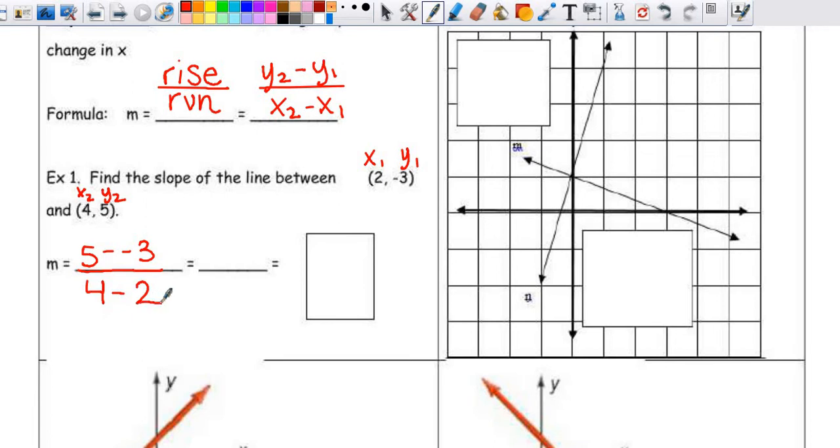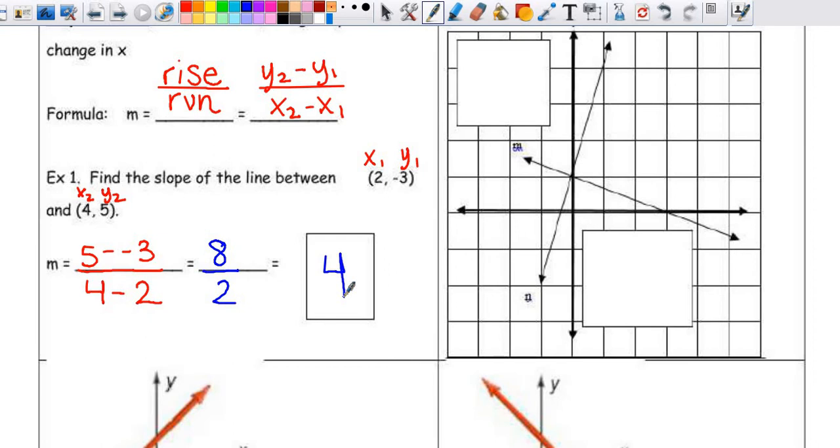All right, now we just do the simple addition or subtraction, because 5 minus a negative 3 is the same as 5 plus 3, which is 8. And 4 minus 2 is 2. And now you simplify just the same way. 8 divided by 2 is 4. So the slope of this line is 4. It is a number. It is describing how the y's and the x's are changing.